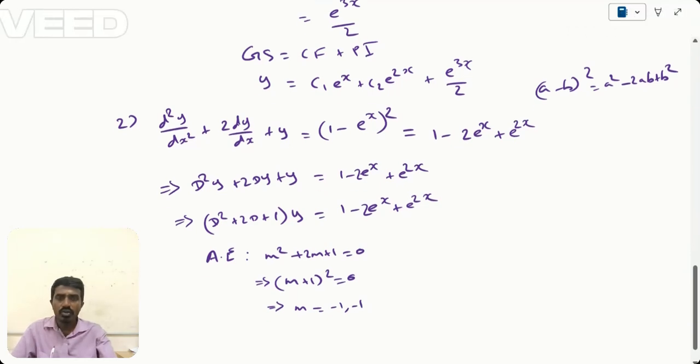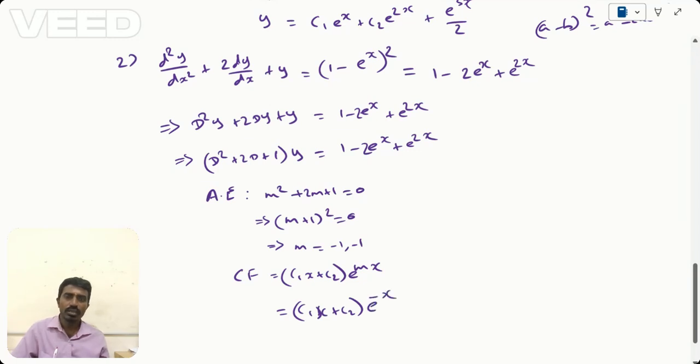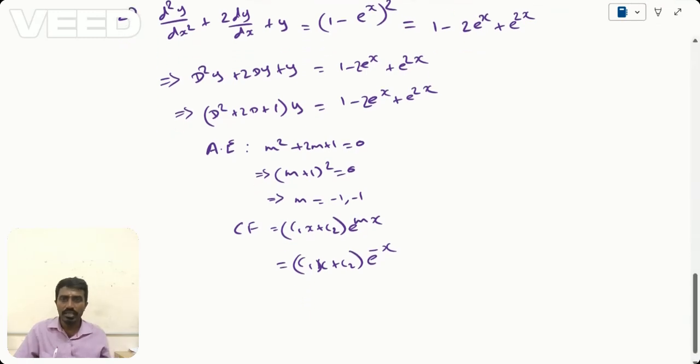So the roots are real and equal here. For that case, CF is (C1x plus C2) into e power mx, that is (C1x plus C2) into e power minus x. This is the CF for this problem. Now we need to find PI.